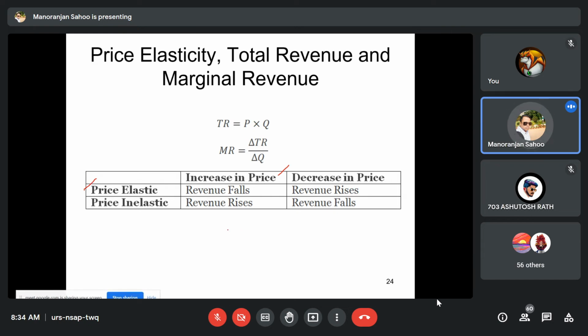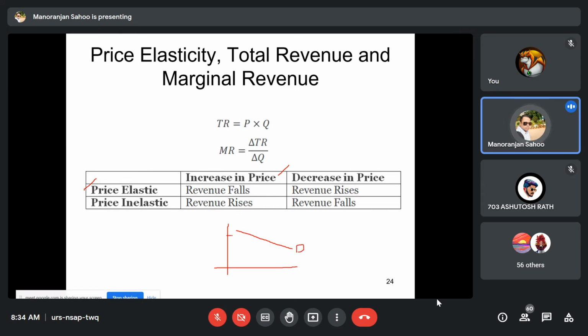If the price elasticity is elastic, it means the response of demand to a change in the price will be more. That means the demand curve will be relatively flatter.